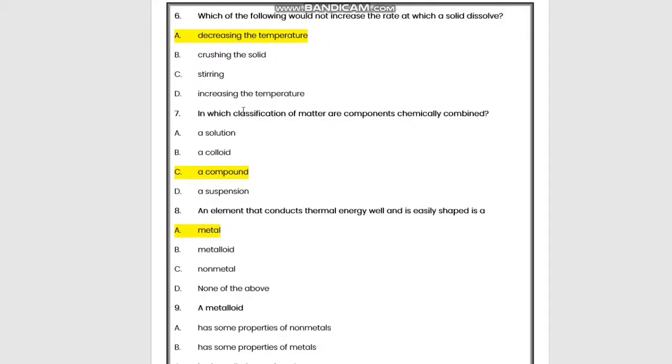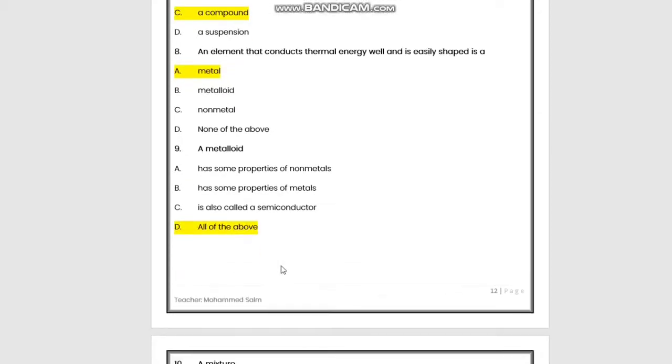Number 7. In which classification of matter are substances chemically combined? Of course, a compound. An element that conducts thermal energy well and is easily shaped is a metal, of course. Okay, next question please.